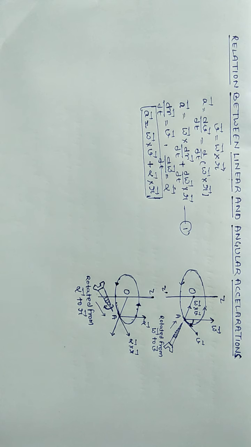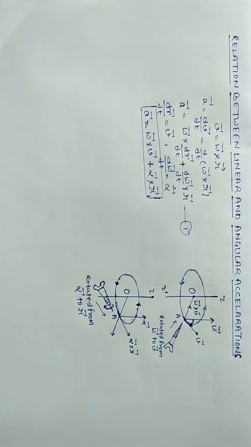Here in this diagram, omega and v are shown at point A at an instant, and omega cross v is a vector along the radius OA of the circular path.